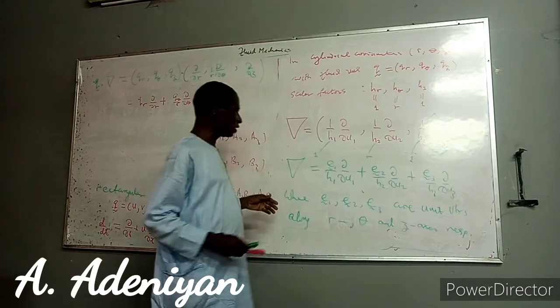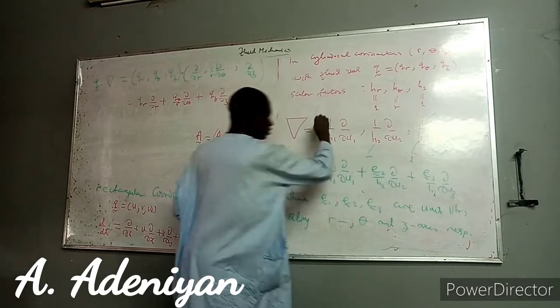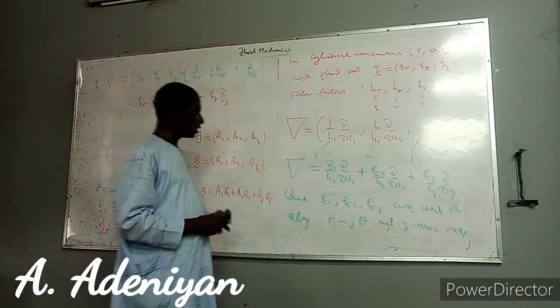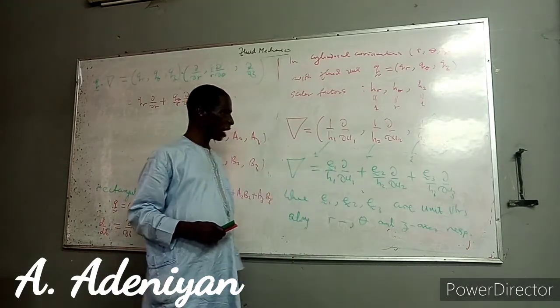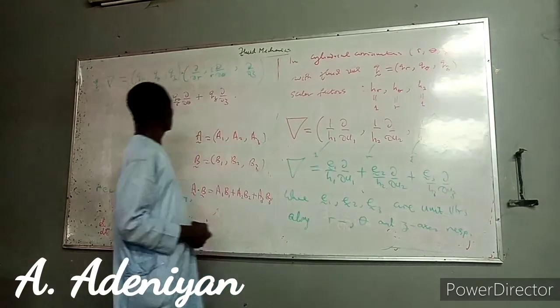That is the actual form where you suppress this unit vector. As I said, e1, e2, e3 are unit vectors along r, theta, and z respectively.